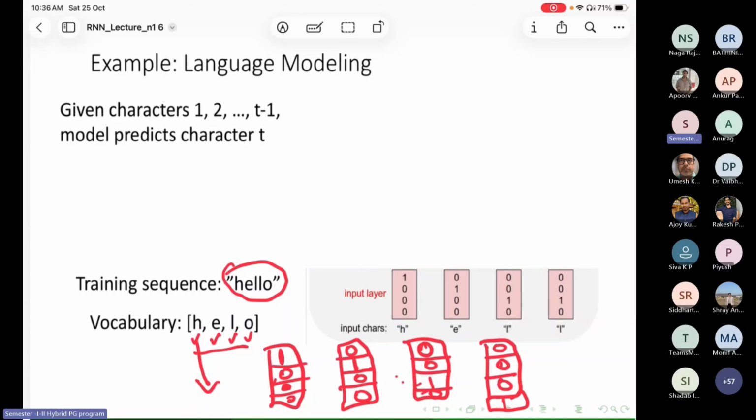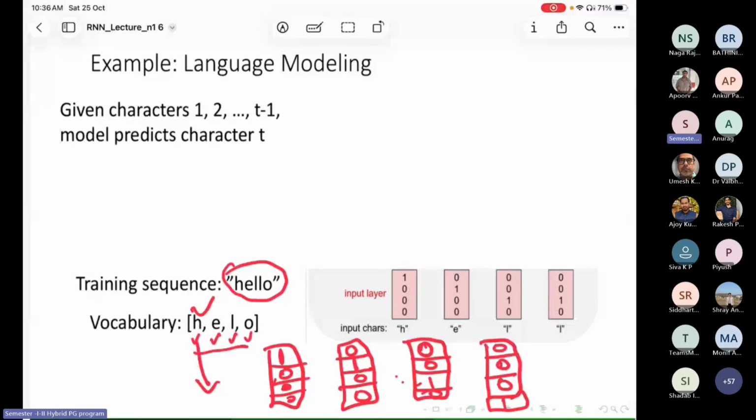Now you have converted your character into numerical values, or the vector form. Instead of using this character, I'll be using this vector because this vector is the representation of the character. Now let's write all the inputs.